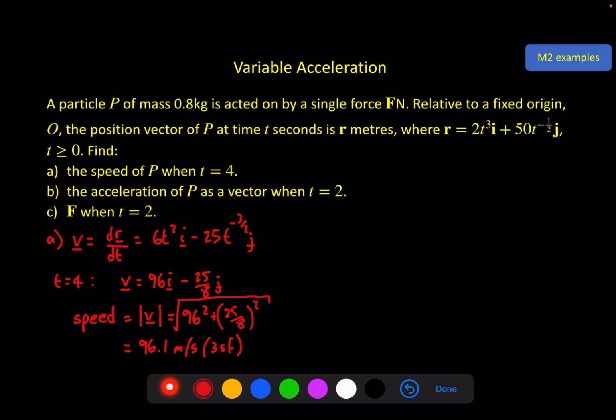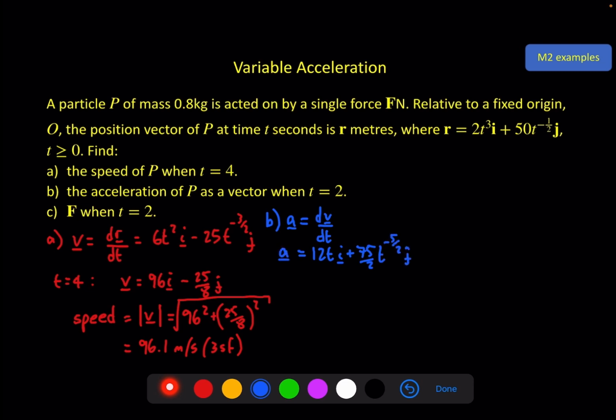Part B needs the acceleration of p as a vector when t equals 2. If we want the acceleration, we need to differentiate the velocity. So we're differentiating this again. For part B, acceleration as a vector is equal to the velocity as a vector, differentiated with respect to time, or v dot, and that is equal to 12ti plus 75 over 2 t to the minus 5 over 2 j.